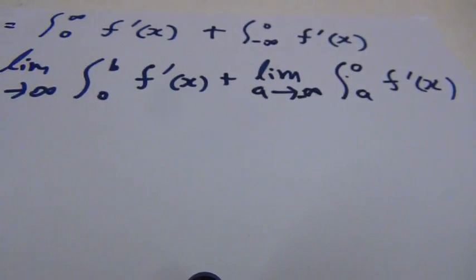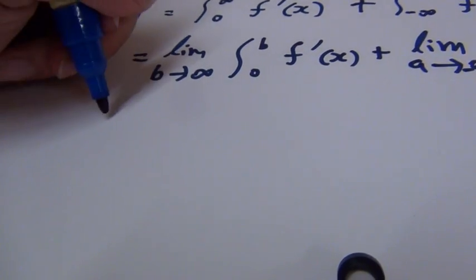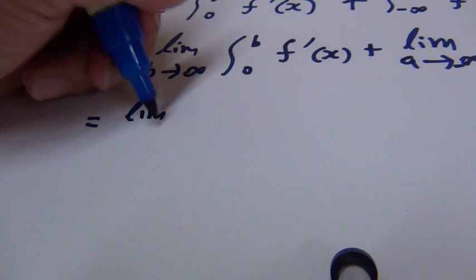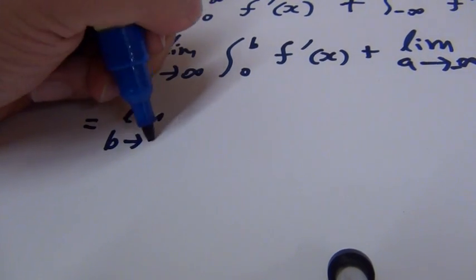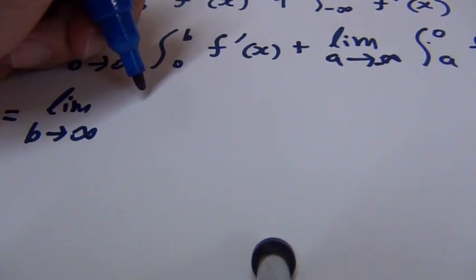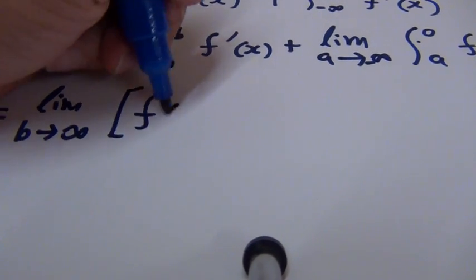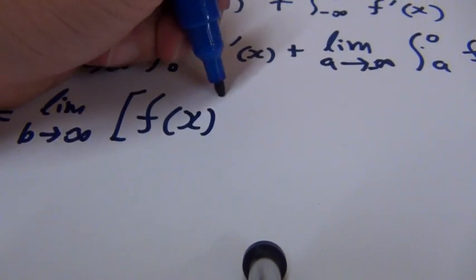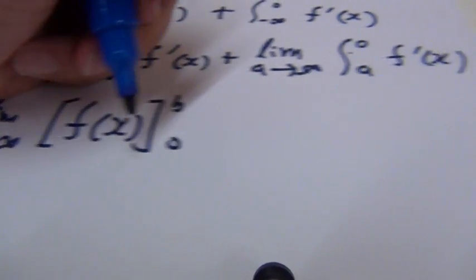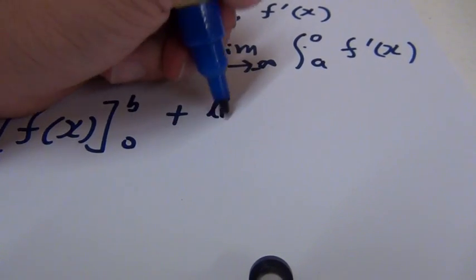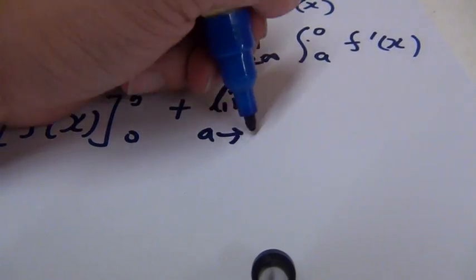Next we just do our normal integration. Limit b approaching infinity, then integrate this one, with b and 0, and then you do this integration again.